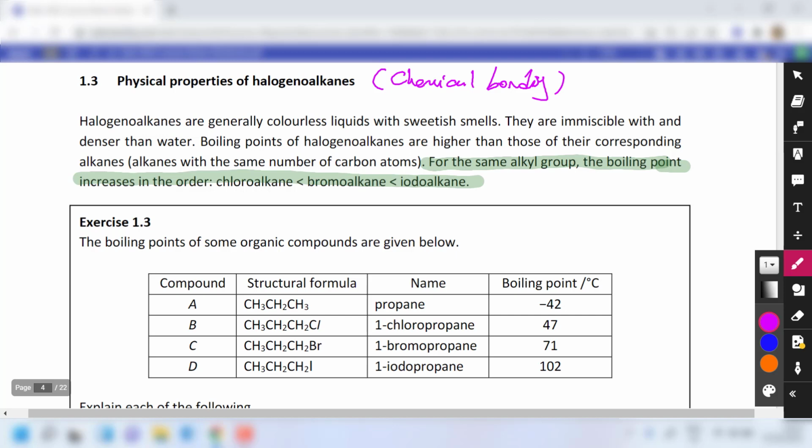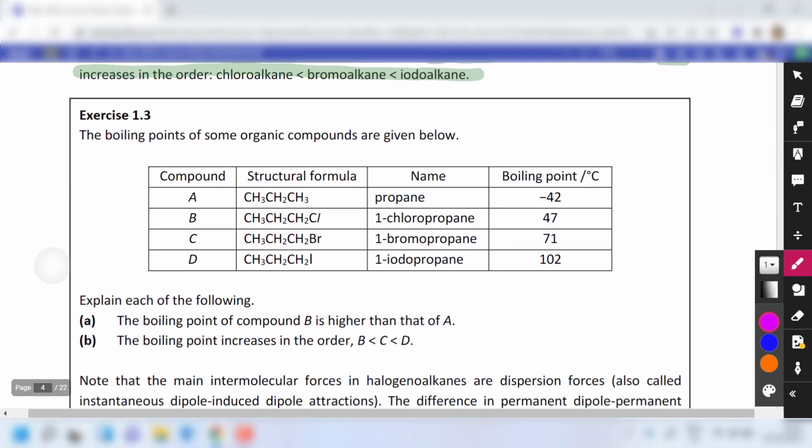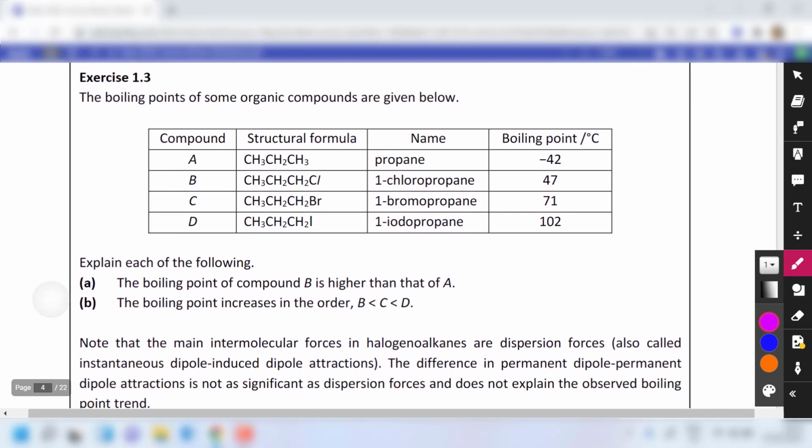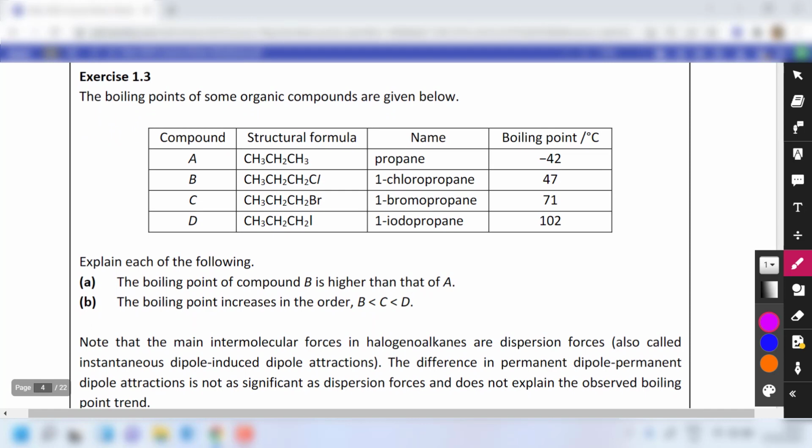Induced dipole interaction, or dispersion forces, becomes the main intermolecular force of attraction at play. So we focus on how polarizable the electron cloud is: the more polarizable, the greater the probability of forming stronger dispersion forces, and therefore the higher the boiling point. We'll use this as the main idea to decide the order of boiling point for the same alkyl groups. So we will have an exercise 1.3 to tackle this.